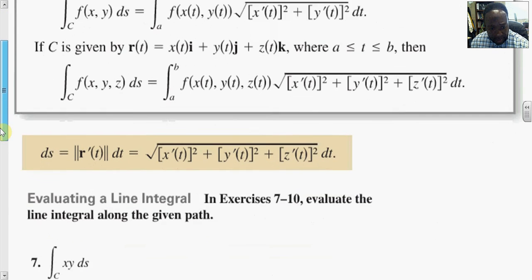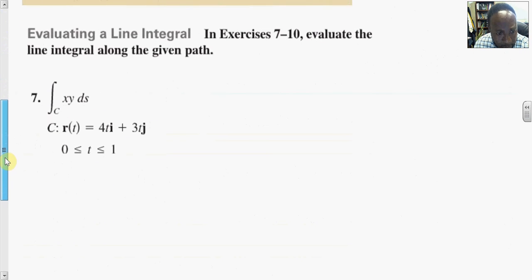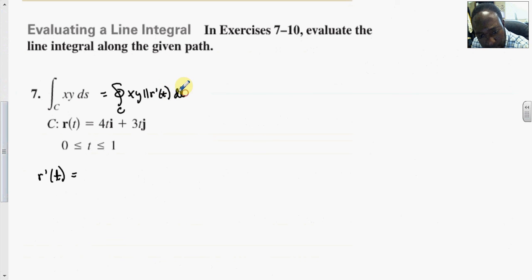With that in mind, let's see if we can work some problems, evaluating the line integral along the given path. We need to find a couple of things. The first thing is we need r prime of t, because this becomes the line integral over the curve of x y, where ds becomes the norm of r prime of t dt.